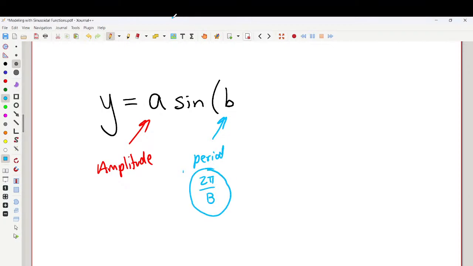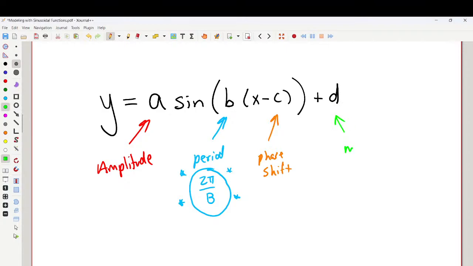Need to know that. Definitely, definitely, definitely. X minus c would be your phase shift. And plus d, that's your midline. Those are the 4 transformations to know, right?